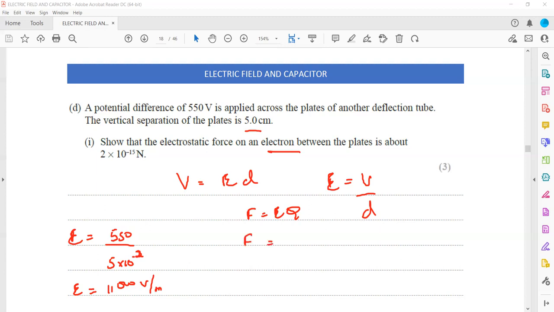So the strength of the electric field is 11,000, and the charge of one electron is 1.6 into 10 power minus 19. When we multiply them, we get the force, which is 1.77 into 10 power minus 15 Newton, which is about 2 exponent minus 15. Is it clear, this part D, what is the force experienced by the electron when it is moving between the plates?